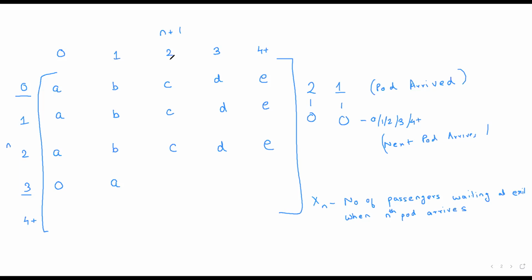Two will be there if one passenger is arriving in the last 2 minutes, probability of which is B. How will I have three? If two passengers are arriving in the last 2 minutes, the probability of which is C. How will I have 4 plus? If three or more passengers are coming, the probability of which is D plus E. D is the probability of three passengers, E is the probability of four or more passengers. Now see whether this is making sense or not.